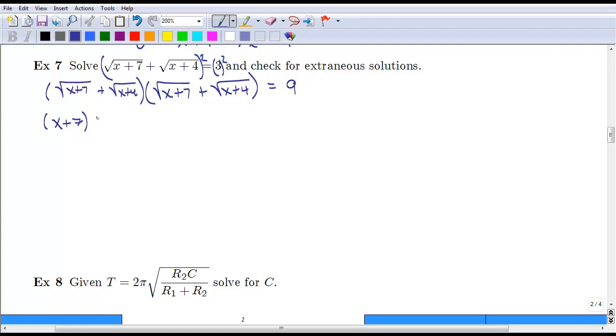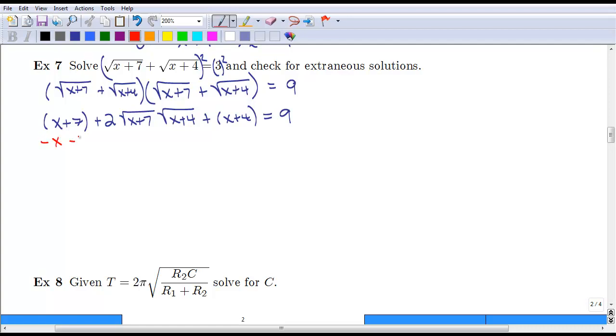Now for our outer pieces, or if we want to just think about the fact that this is FOILed, we would have 2 times the square root of x plus 7 times the square root of x plus 4. And then the last, when we square the x plus 4 times x plus 4, we're going to be left with an x plus 4, still equal to 9. And now in this case, we can move the non-radical pieces over to the other side.